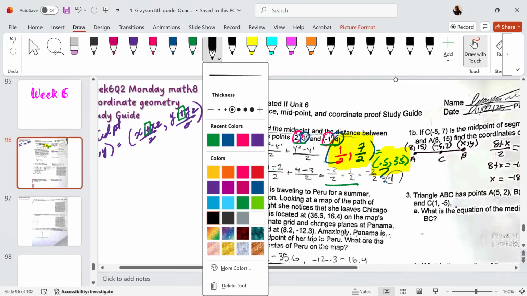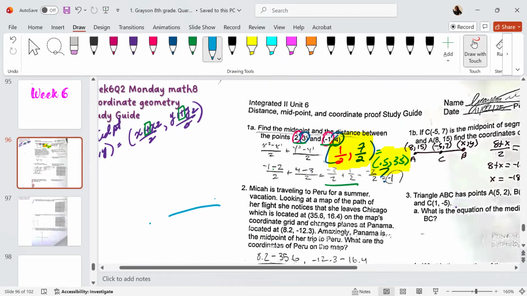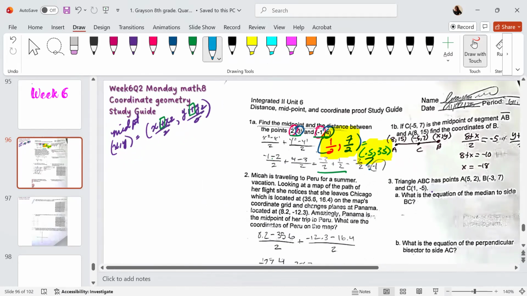What is the distance formula? Go look at your notebook. x2 minus x1 squared plus y2 minus y1 squared.